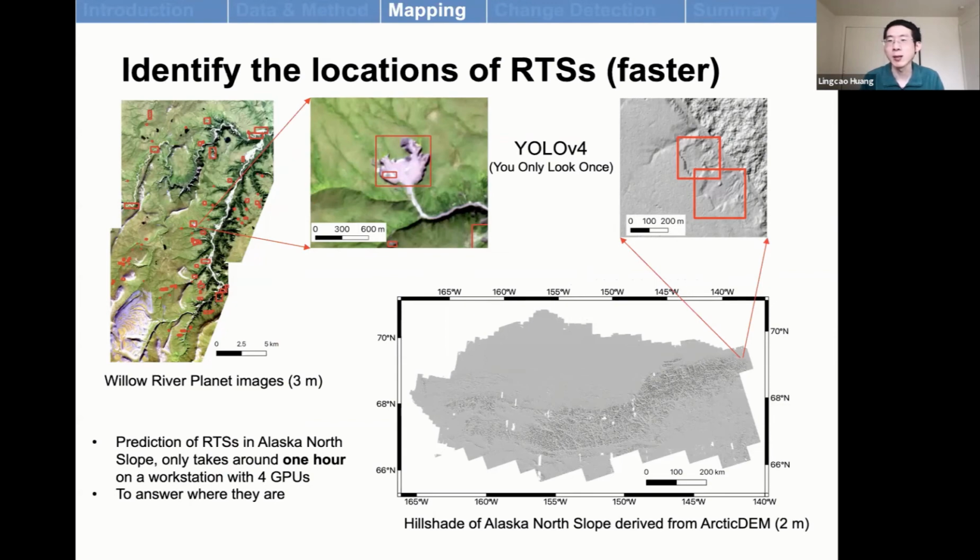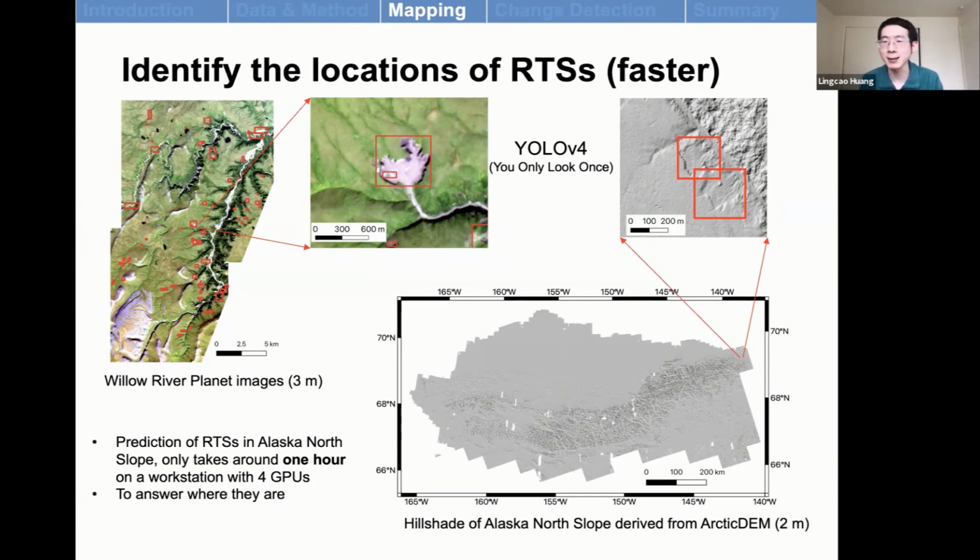Previously, I used deep learning to identify the location and also the boundary as accurately as possible. There's another question: it may take a long time if we use the trained model to predict in a large region such as the entire Tibetan Plateau and the Alaska North Slope.